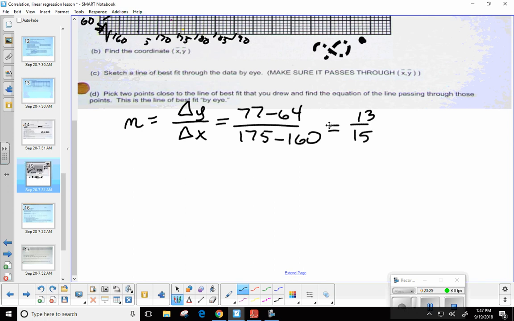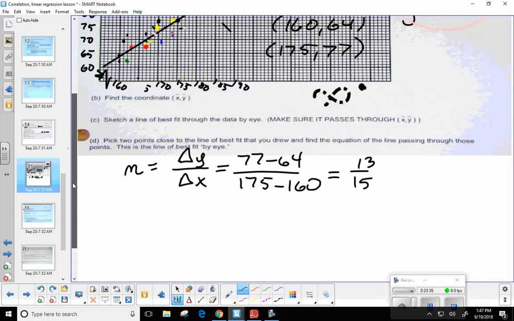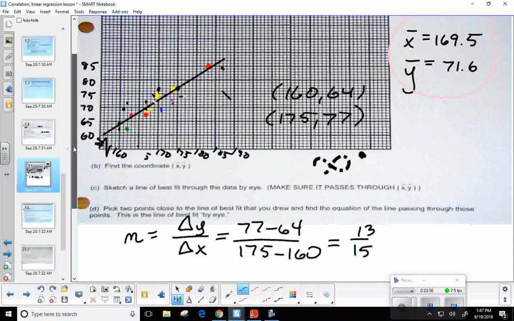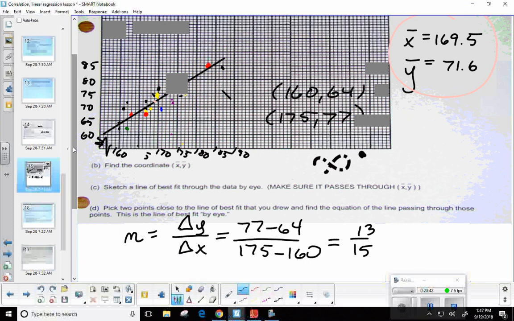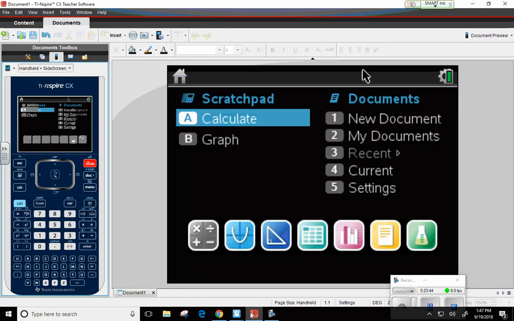Now, here's the thing. I'm going to approximate this. I do enjoy working with fractions, but since my other values are already decimal, I'm going to make all the values consistent. So let's figure out what 13 fifteenths is.